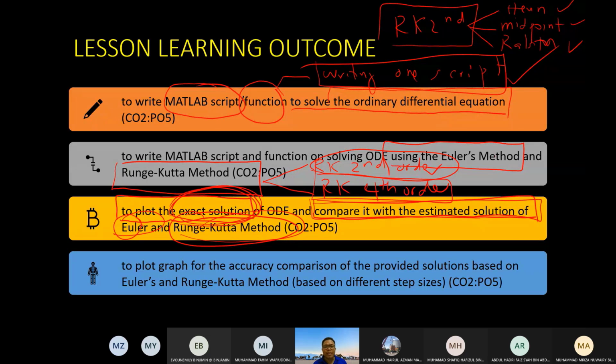And after that, we want to assess the accuracy after you compare the exact solution with the Euler or Runge-Kutta solution. So those are the learning outcomes that we want to cover today. Hopefully we can do that in these 2 hours.